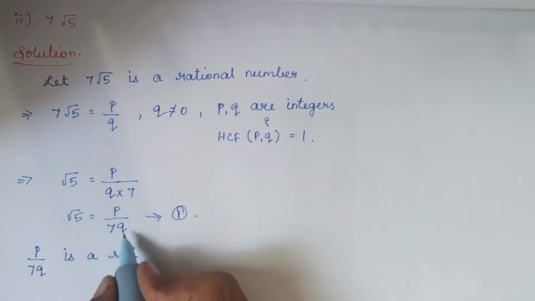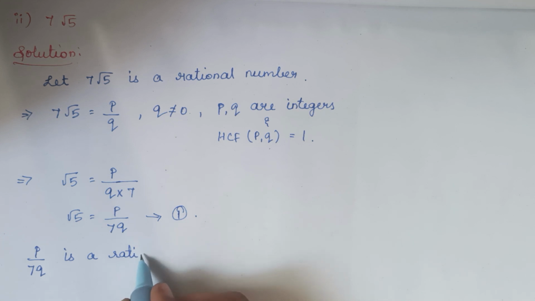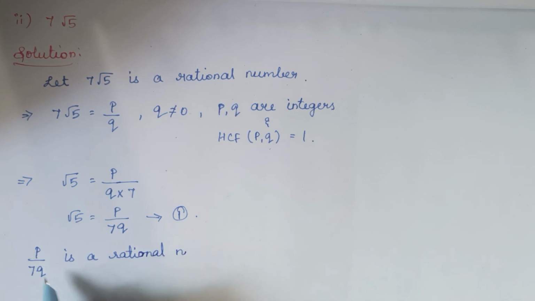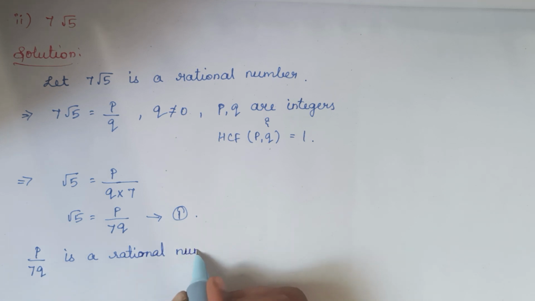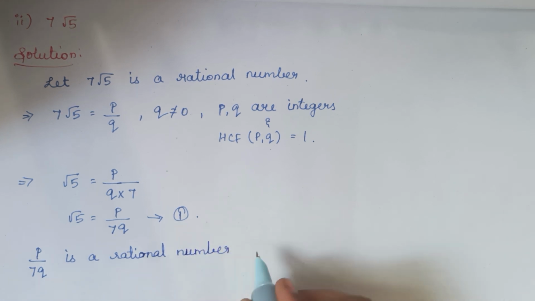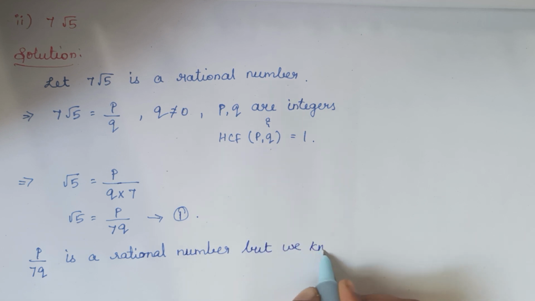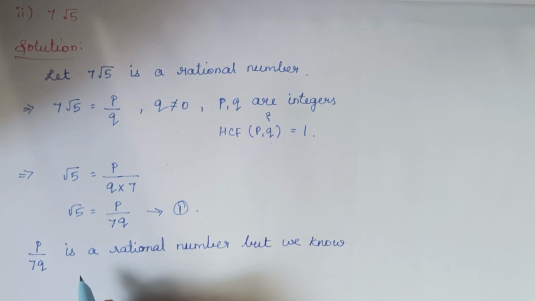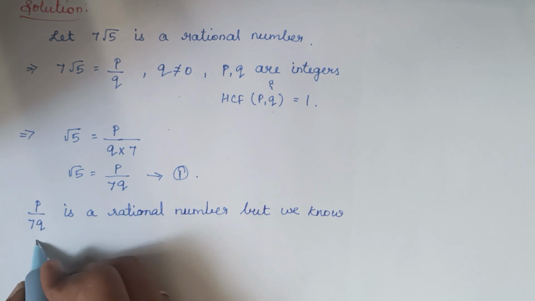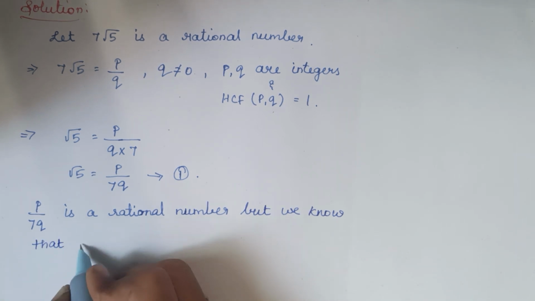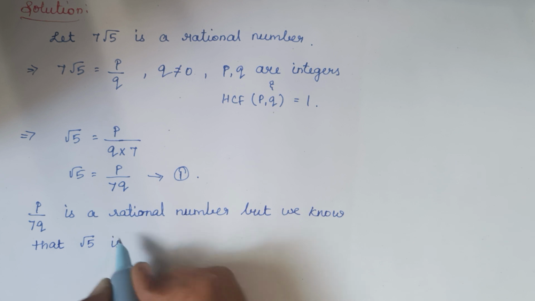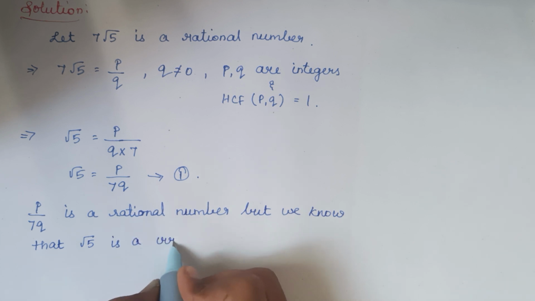If P and Q are integers and we simplify P by 7Q, we get a rational number. So P by 7Q is a rational number, but already we know that root 5 is an irrational number.